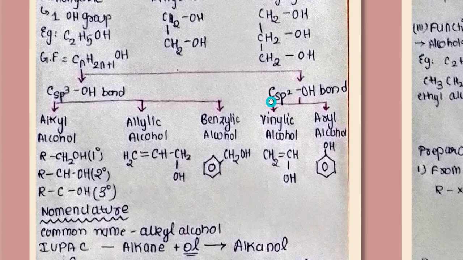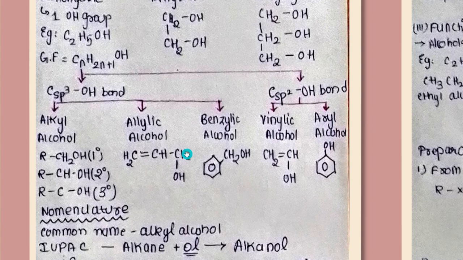Now again we have the C-sp2-OH bond. When the carbon is in sp2 hybridization having the OH bond, we have two types, vinylic alcohol and aryl alcohol. Vinylic alcohol is when our OH is attached to one of the carbons of the carbon-carbon double bond. You should remember the difference between allylic and vinylic.